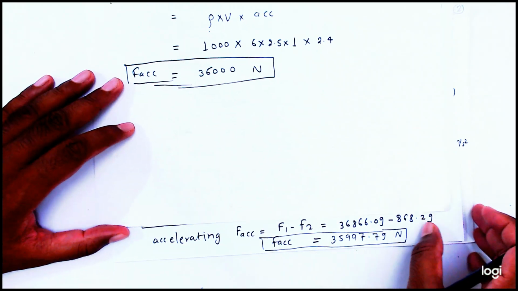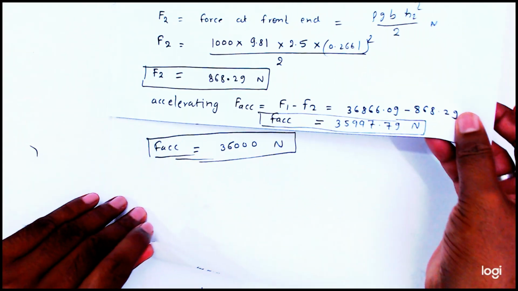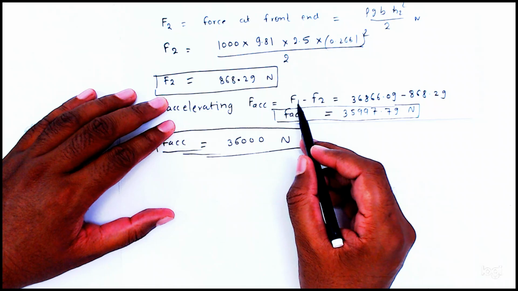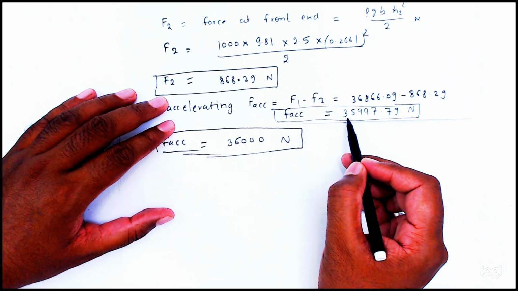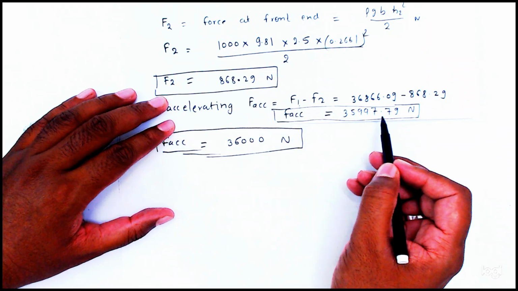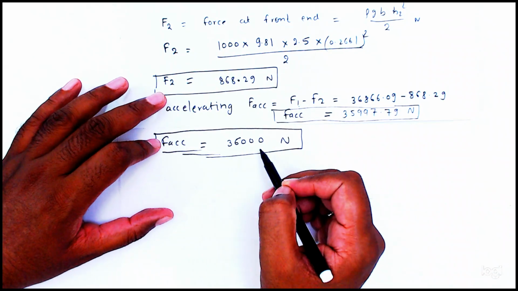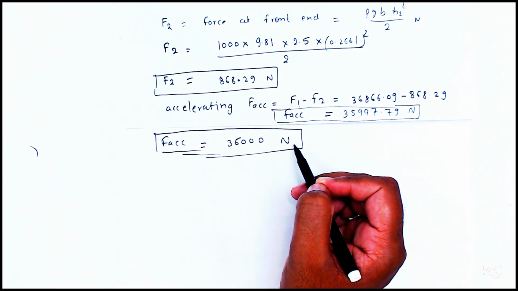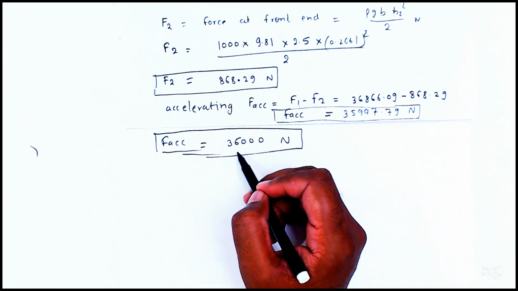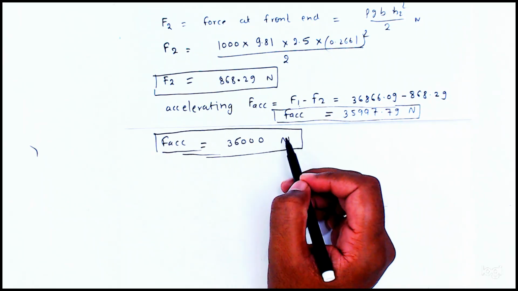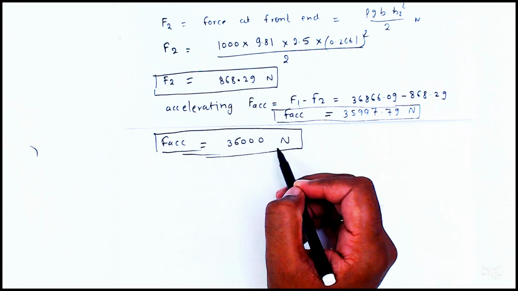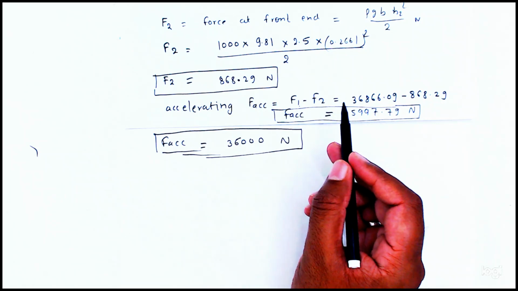Correct? F1 minus F2 is equal to approximately 35997, about 36000 Newton, and here mass into acceleration gives the same value. So friends, this is the cross verification that F acceleration is equal to F1 minus F2. Okay, friends.